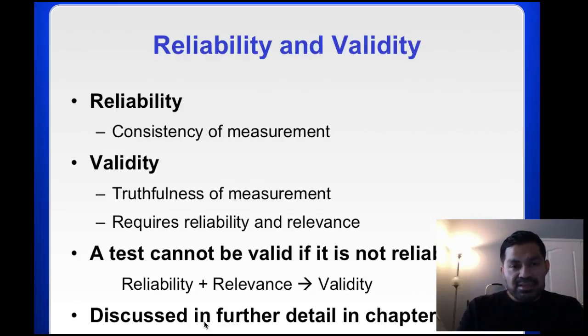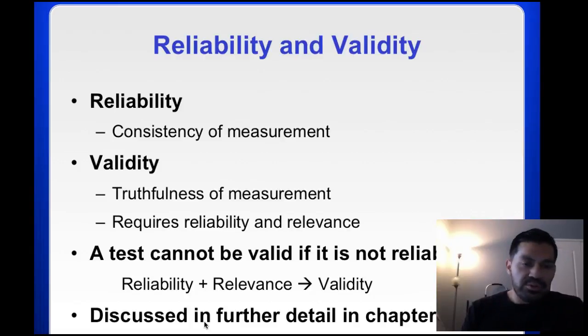The next one is validity. So that's truthfulness of measurement. So validity is basically telling you, is the instrument actually measuring what it's saying it's going to measure?